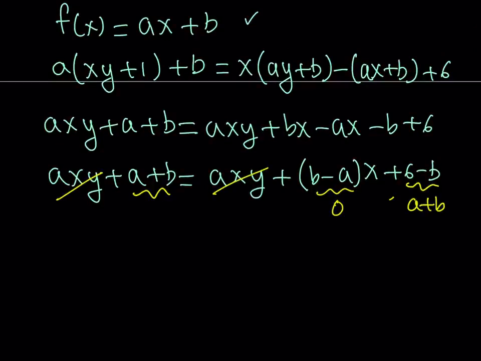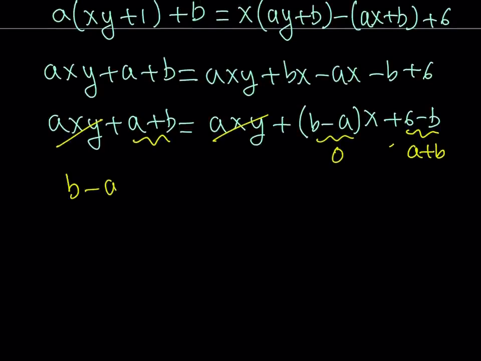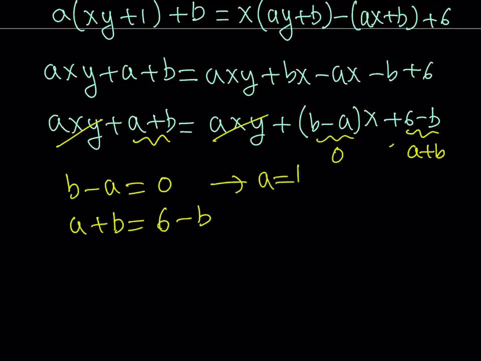Great. This gives us a system of two equations. Let's solve it. This gives me b minus a is equal to 0 and a plus b is equal to 6 minus b. The first equation gives me something super nice, which is a equals b, and the second equation can be solved by putting everything on the same side.